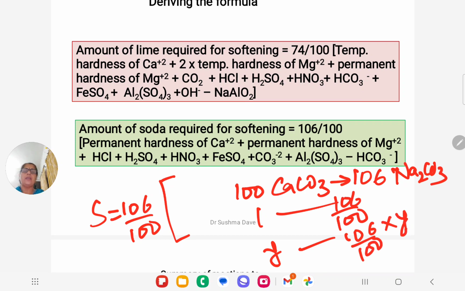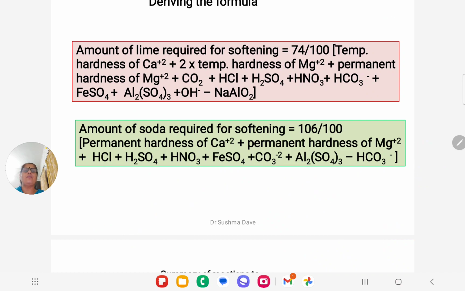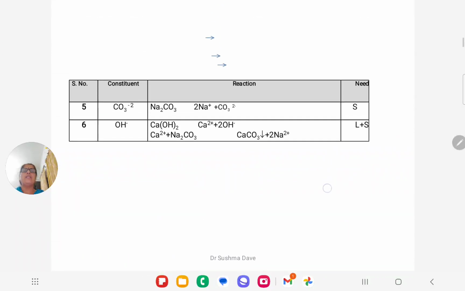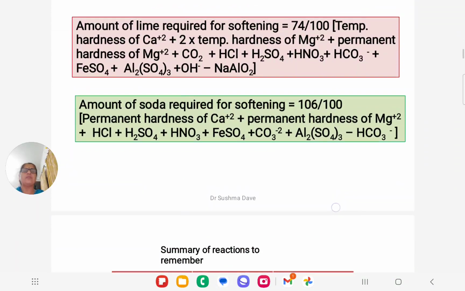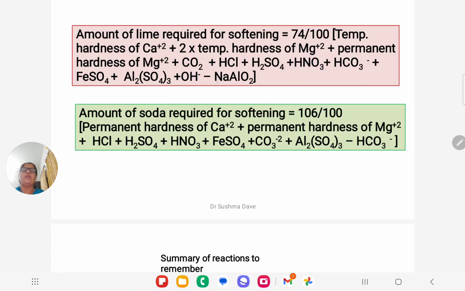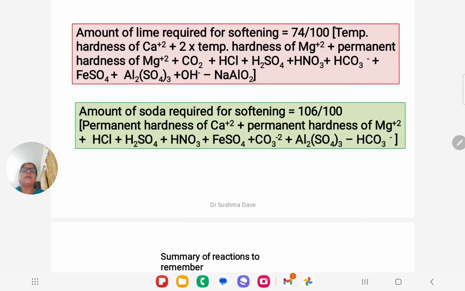And now what is Y? Y is Y1 plus Y2 plus Y3 and so on. So in this way we can derive the formula by looking into the table. Wherever lime is required, all the values are added, and wherever soda is required, those are added, and the subtracted values are of sodium aluminate and sodium bicarbonate.